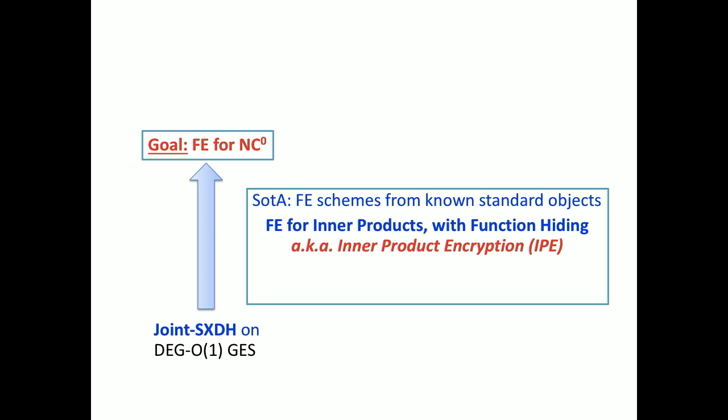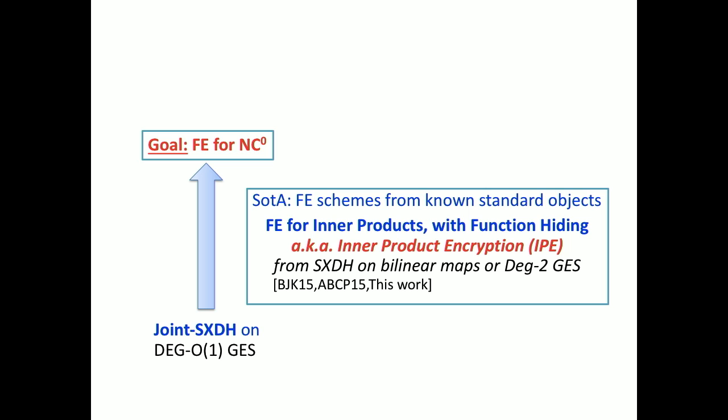But we can achieve the stronger security called function hiding, right? And we'll call such FE schemes inner product encryption or IPE. We can indeed build these things from the SXDH assumption on bilinear maps, which are basically degree 2 graded encodings. Great.